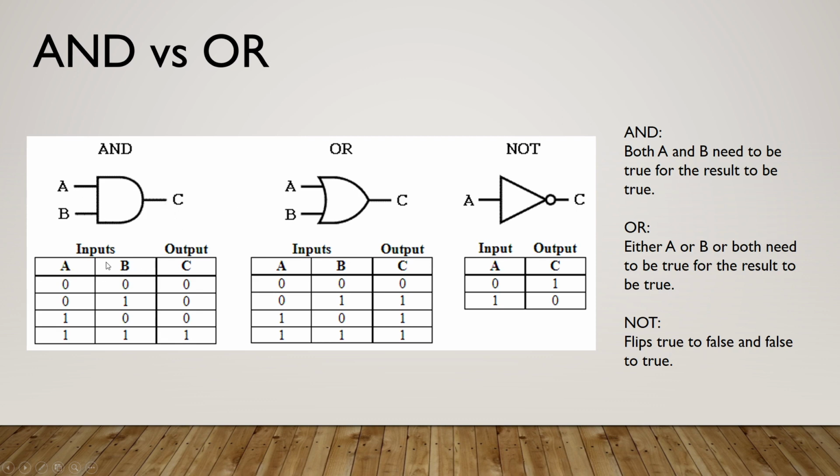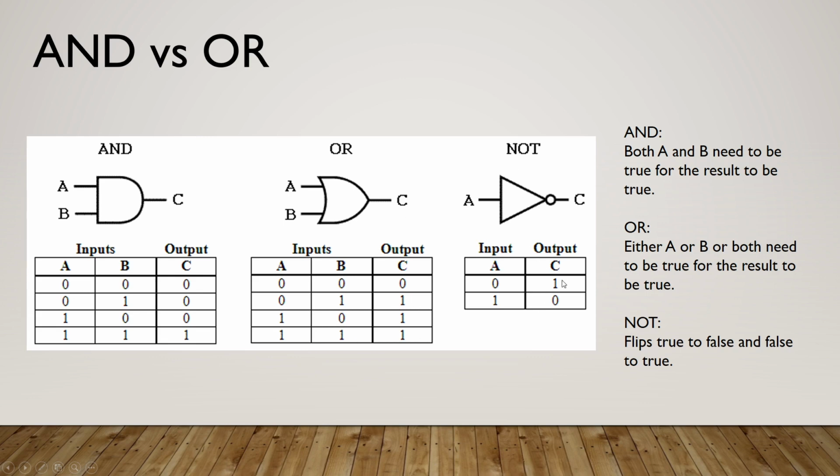So you can represent it in a table here. If we imagine 0 is false, then if they're both false, the outcome's false. If A is false and B is true, then the outcome's still false, because we need both to be true for the output to be true. So AND, both true, output true. OR is either one is true or both, and the output's true.